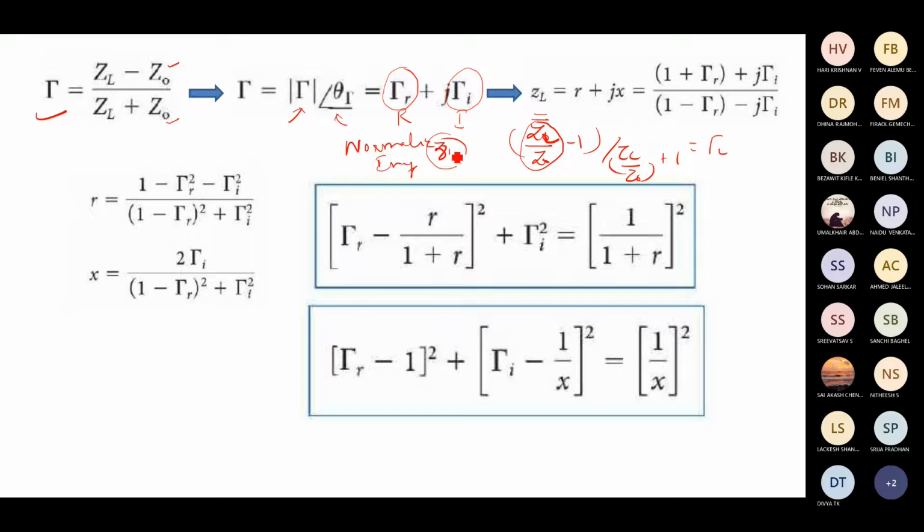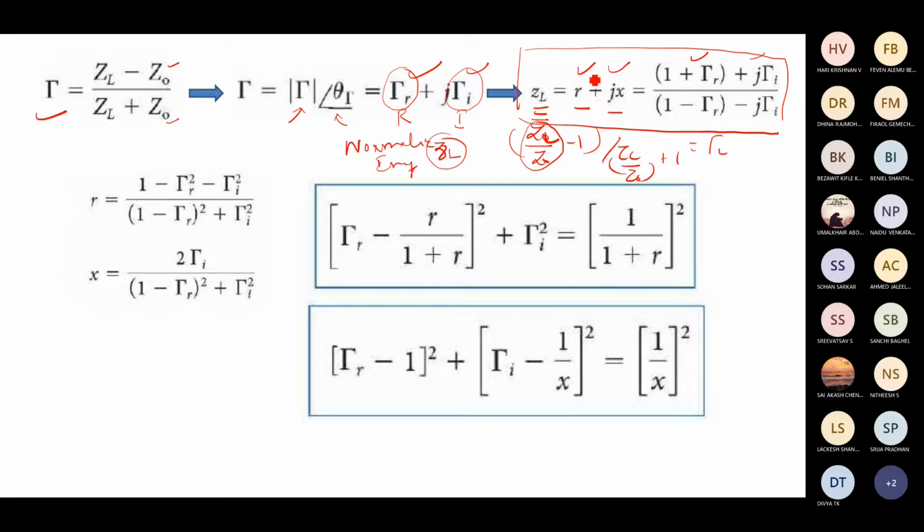So this normalized impedance can be written with real and imaginary parts, which can be rearranged. You can see that the impedance is now written as real and imaginary parts, and in terms of the reflection coefficient, whose real and imaginary parts are again used.